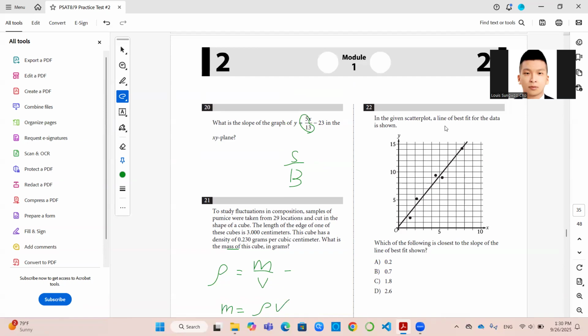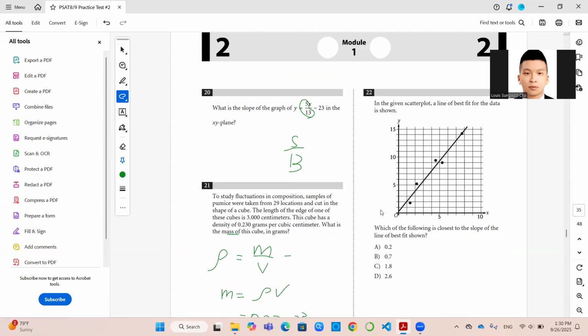The given scatter plot has a line of best fit for the data shown. Which of the following is the closest to the slope of the line of best fit drawn? So I'm going to go ahead and take 2 points here, the origin and 5,9. So 0,0 and 5,9.